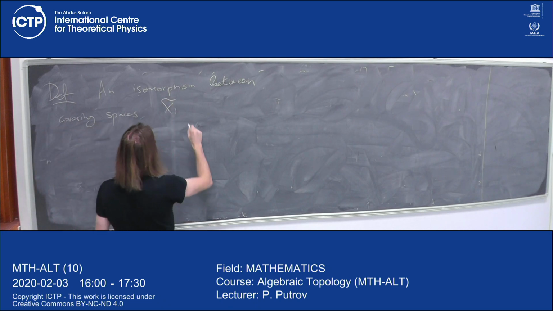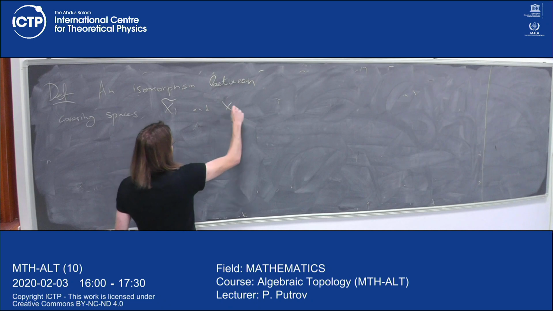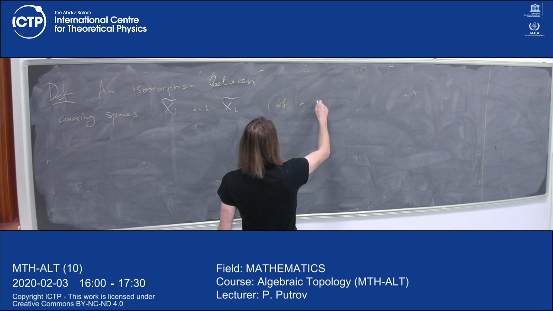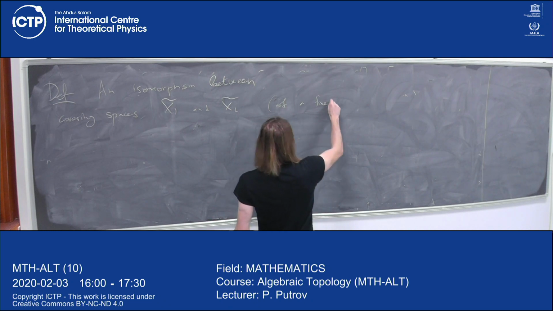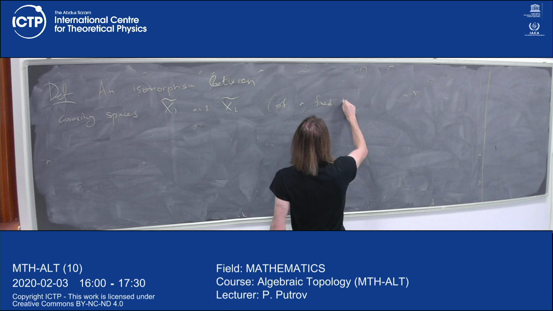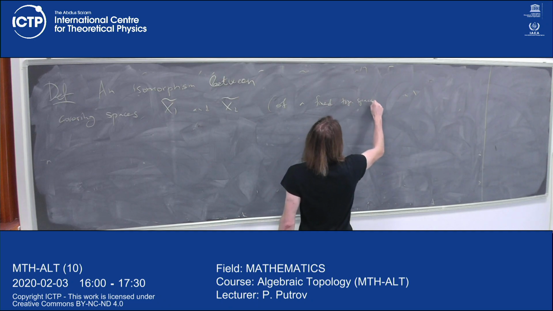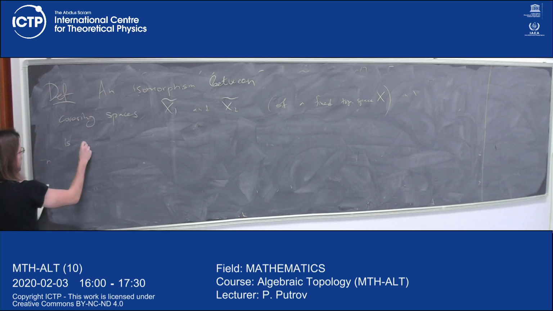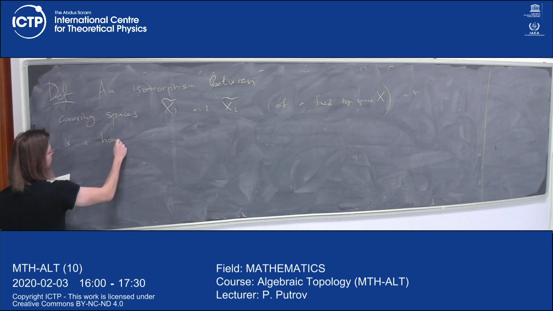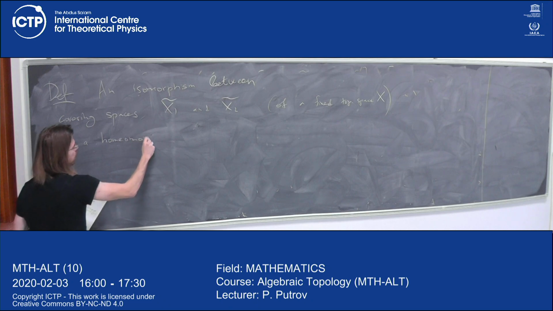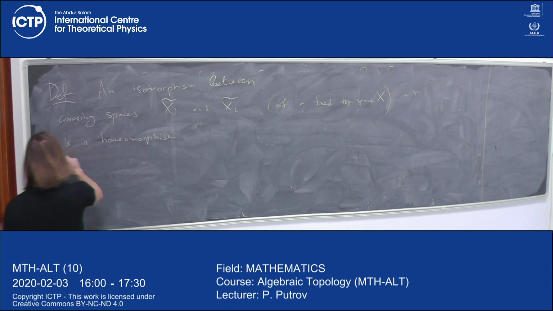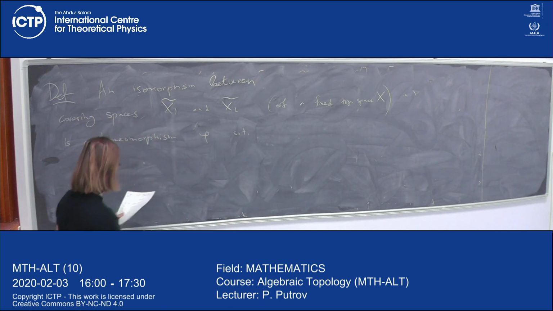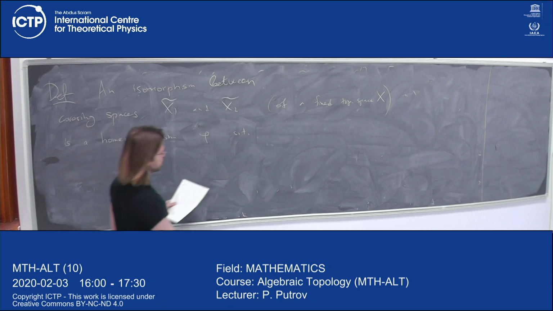An isomorphism between covering spaces X1 tilde and X2 tilde of a given fixed topological space X is a homeomorphism phi such that the following diagram is commutative.